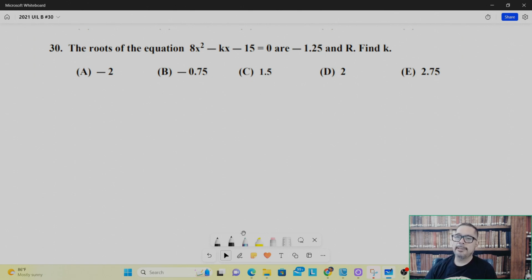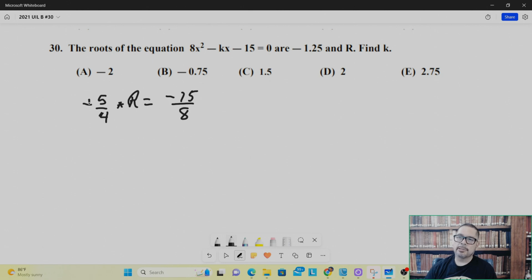From the product of the roots, instead of negative 1.25, I'm going to put negative 5/4, so it's easier for me to do the calculations that way, times r will equal the constant, which is negative 15, divided by the lead coefficient.